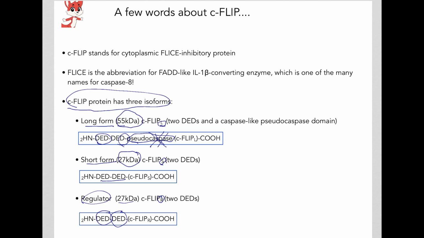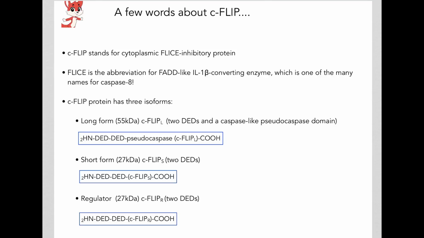So there are 3 forms of C-FLIP: C-FLIP L, C-FLIP S, and C-FLIP R. Note that only this form has the pseudocaspase domain, but all of them have 2 DD domains.